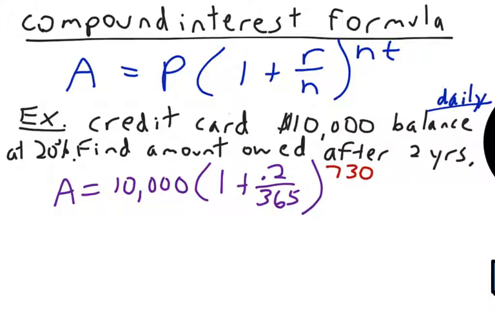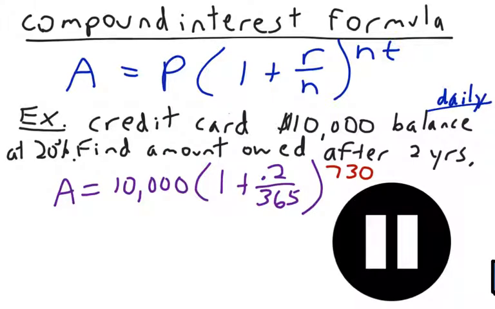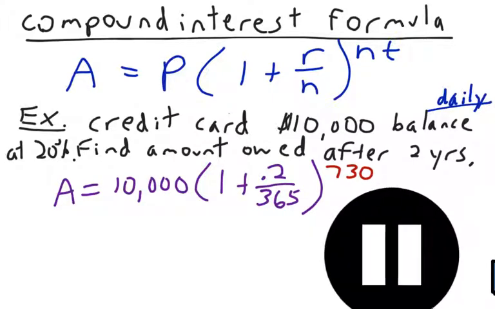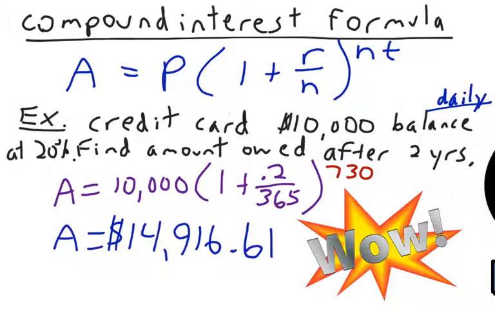Now type that in and you should have your final amount. Wow, did our 10,000 turn into a big number. $14,916.61. Is that what you got?